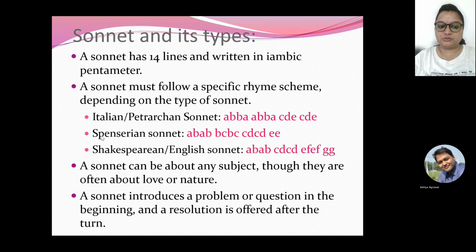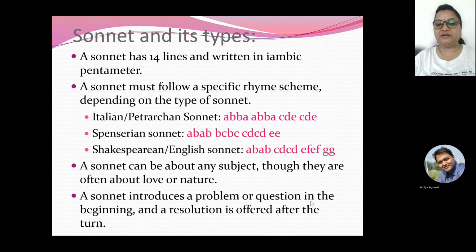Next, what we are going to discuss today is the Shakespearean sonnet, or we can also call it the English sonnet, which has a rhyme scheme of A B A B C D C D E F E F G G. Especially in this sonnet, we do not have an octave and sestet, but we have three quatrains. Three quatrains means three paragraphs each of 4 lines.